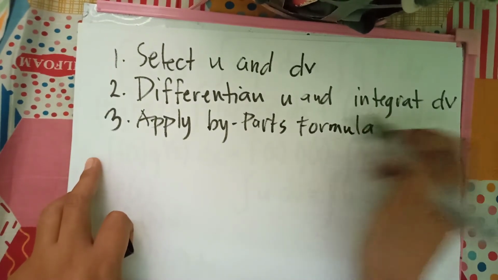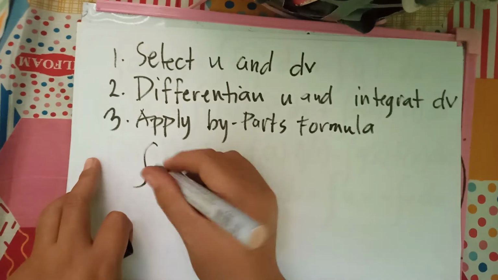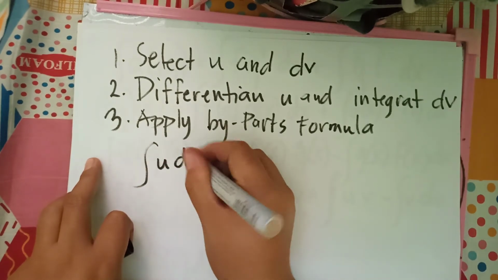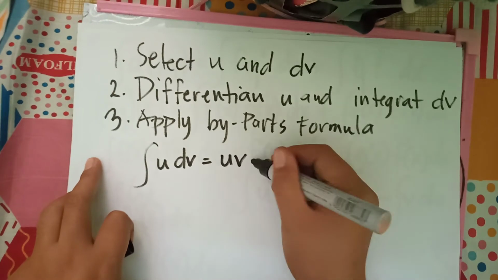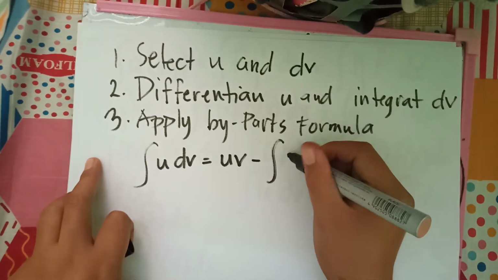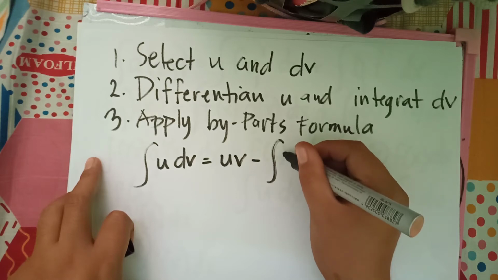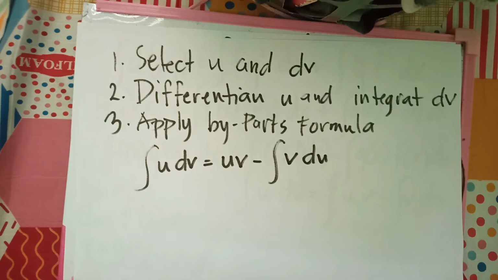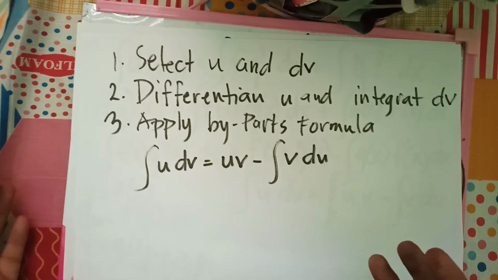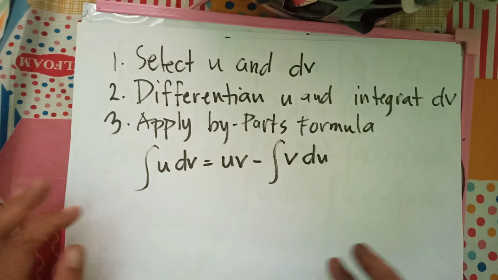Again, by parts formula, the integral of u dv should be equal to u times v minus the integral of v du. Ayan.